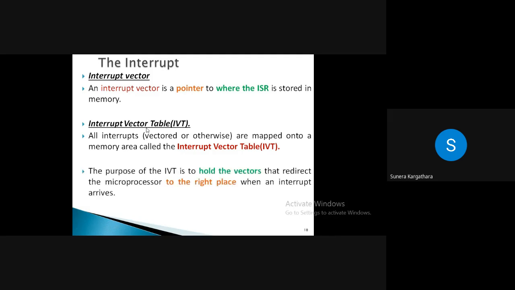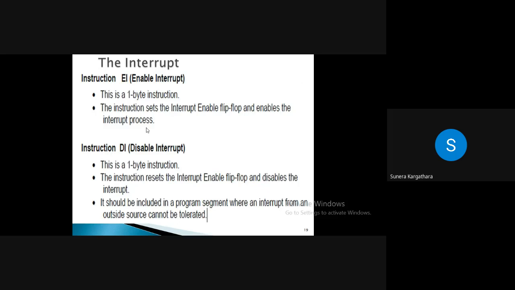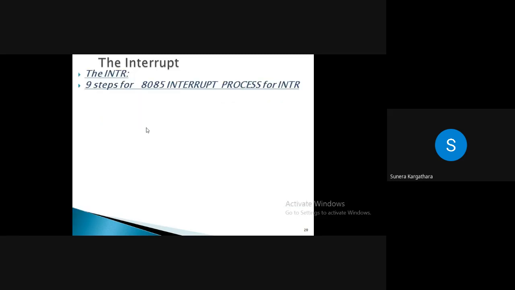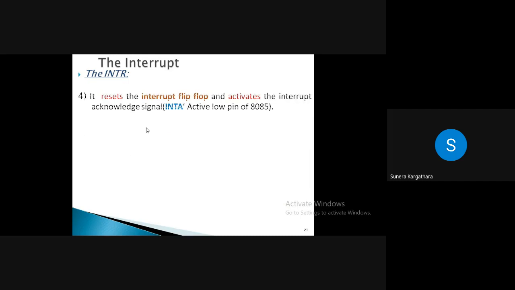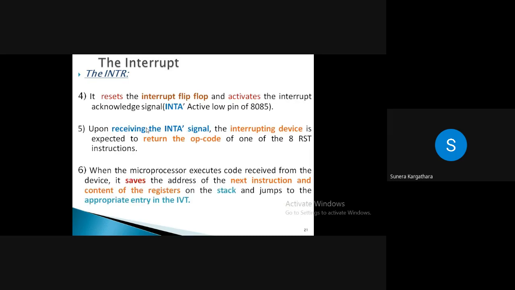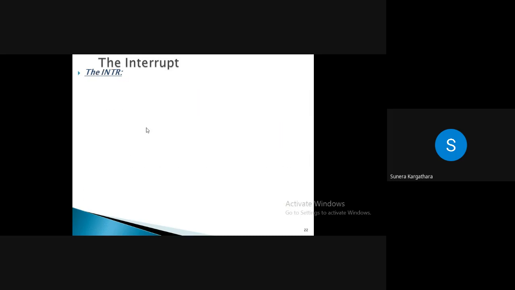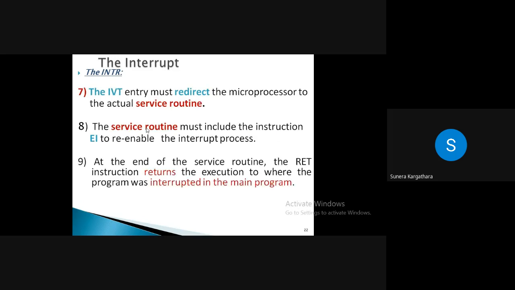Right? So we know that in the case of vectored interrupts, the locations are fixed. Whatever service routine is stored onto that is always stored in the interrupt vector table. So your processor will go and perform the service routine, and after performing it, it will return back to the main program.